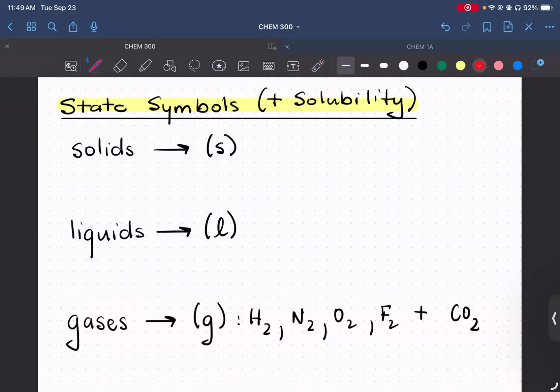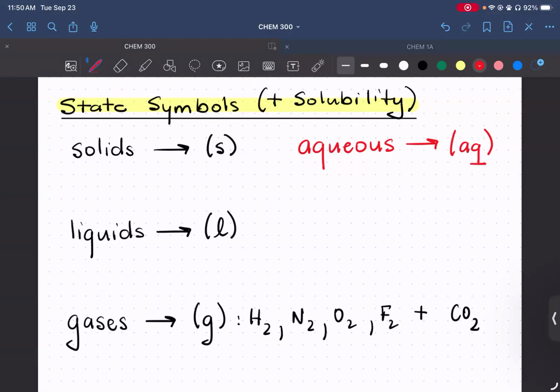The newest state that we are introducing is referred to as aqueous. You might hear some people pronounce it differently. I don't think there's a general consensus on what the pronunciation is. This is given the symbol (aq), AQ for aqueous.